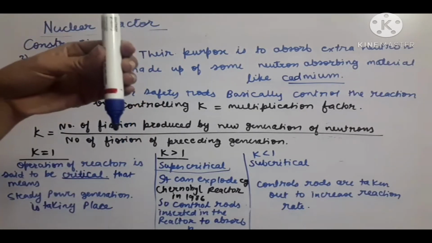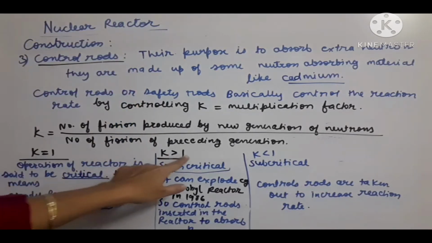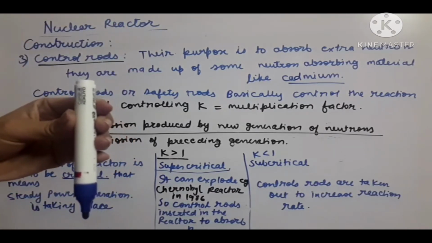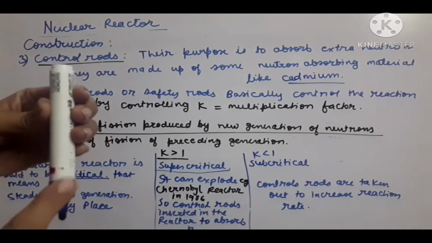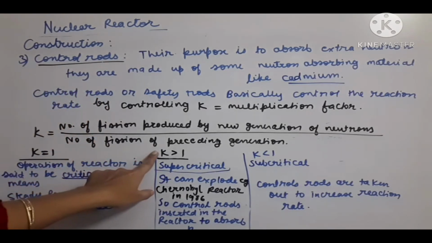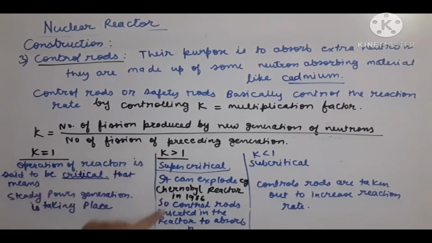Whenever K becomes greater than 1, we should insert the control rods inside the reactor so that they absorb the extra neutrons, and this way K comes under control, or the reaction rate comes under control. So control rods are inserted in the reactor to absorb neutrons. This N written here means neutron.